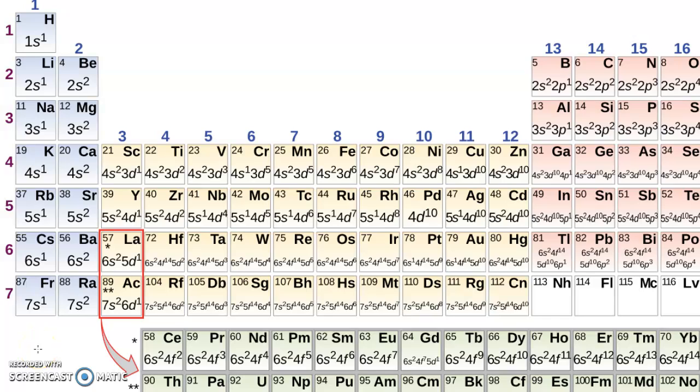That means it ended up in a new principal energy level and it has 1 electron in the s orbital or energy level. That's why they have the same or similar chemical properties.